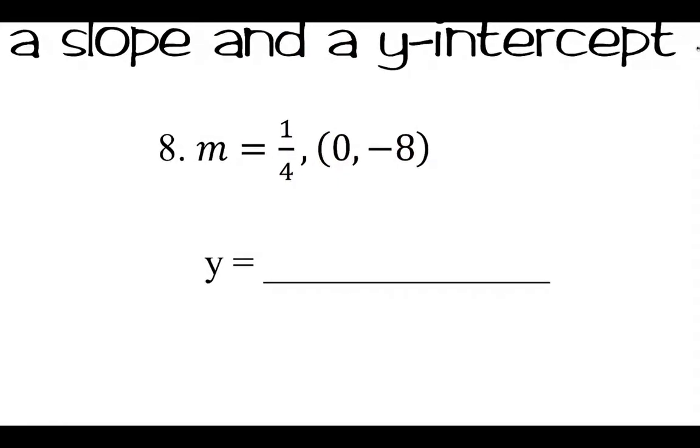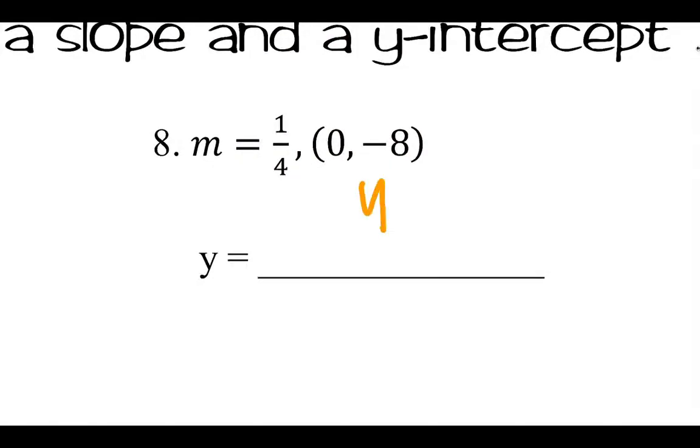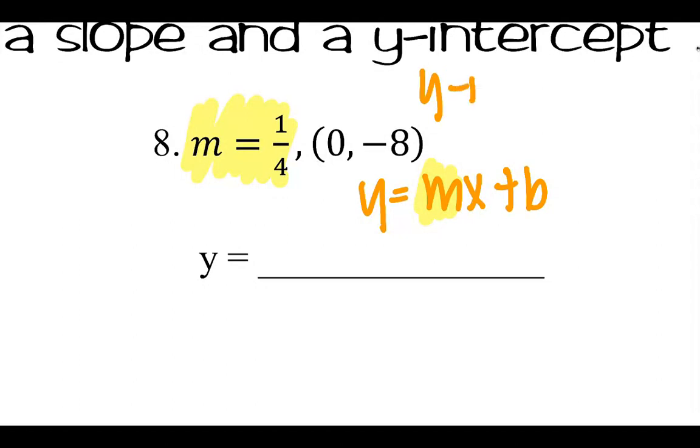This next one, y equals mx plus b. This one looks a little different. My m is still the same. M equals 1/4. So we're saying m, I'm putting 1/4. Now my b, this is giving me a point. 0, negative 8. But hey, aren't y-intercepts written in 0, comma y?